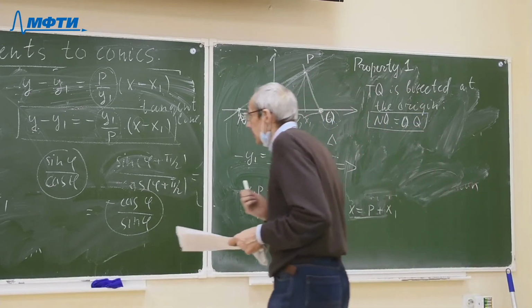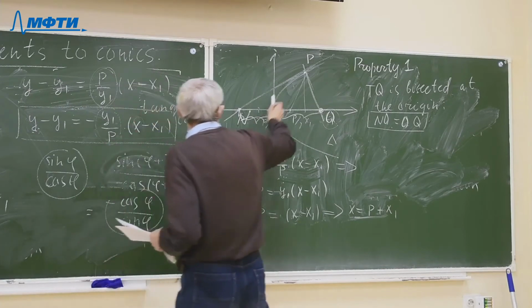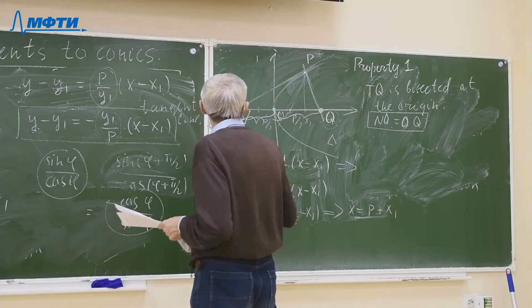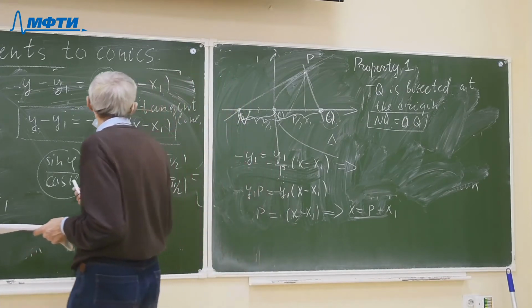Okay, let's calculate the intersection point of the tangent and the axis OX.